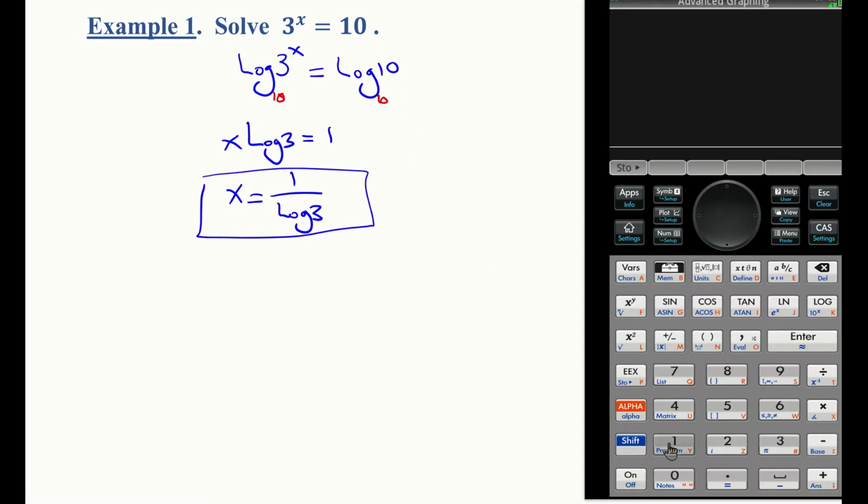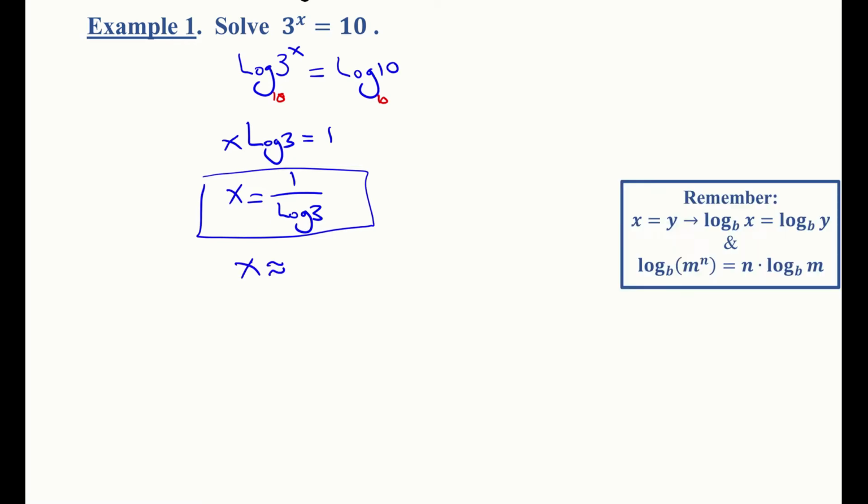Should the problem require a decimal answer or an approximation, then you just plug it into a calculator. So here we just carefully type in 1 divided by log 3. So we push the log button and then just push 3 and enter. So there it is. So the answer is approximately 2.0595 if you want to be a little bit more accurate.